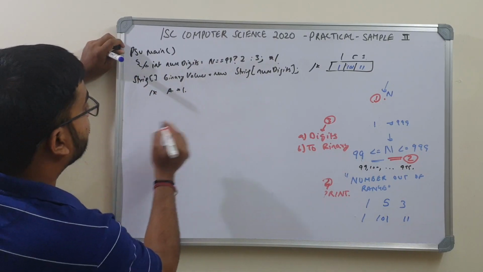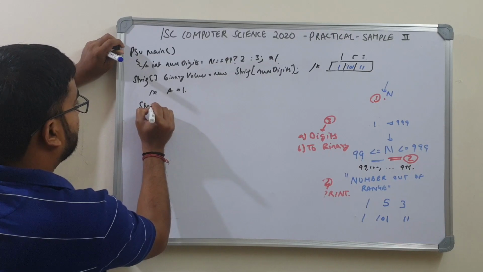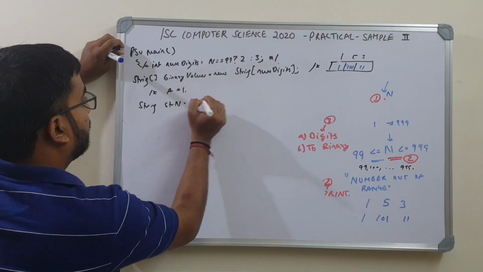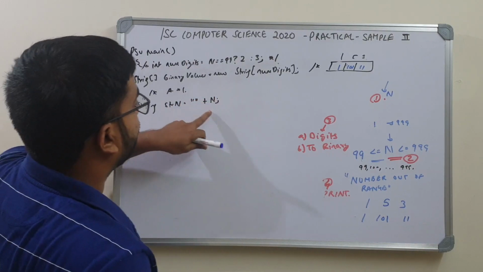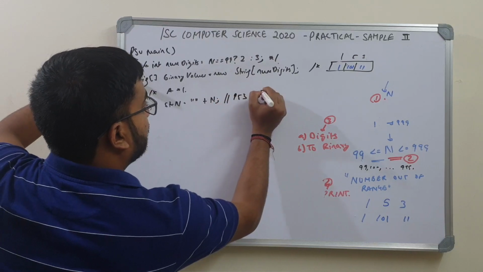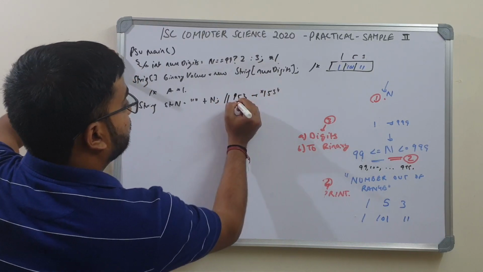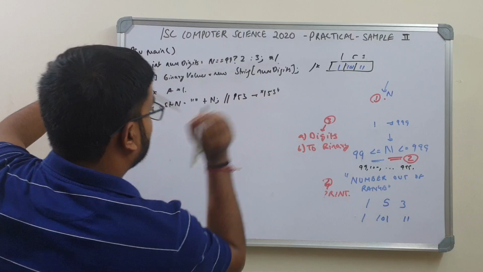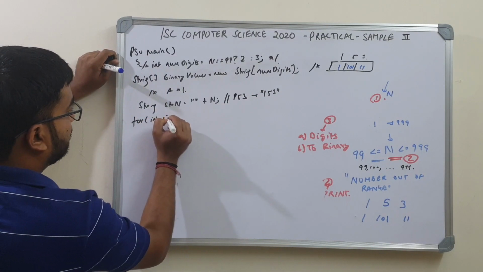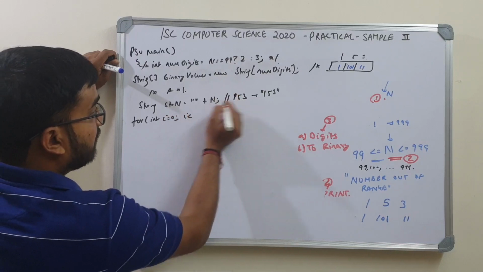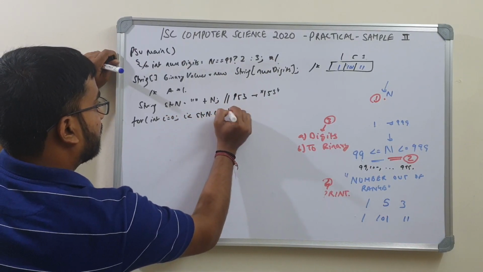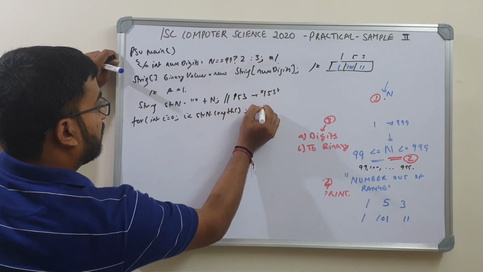You simply say string strn is equal to blank plus n, appending the number to a blank string. So 153 becomes "153". This goes from integer to string, and then I say for int i equals 0, i less than strn dot length, i plus plus.